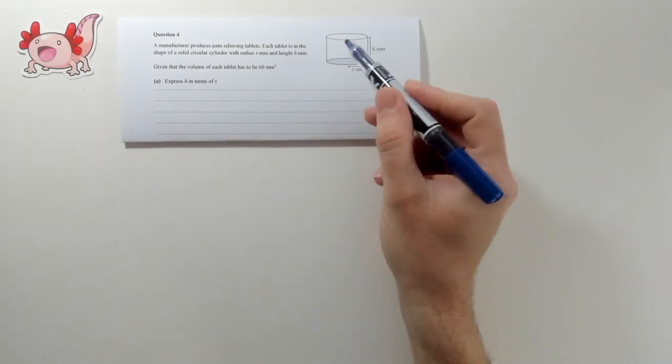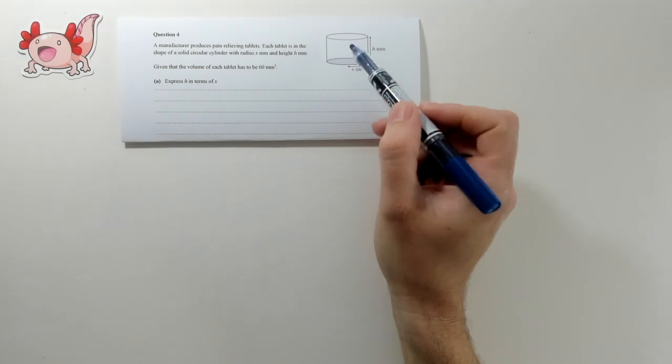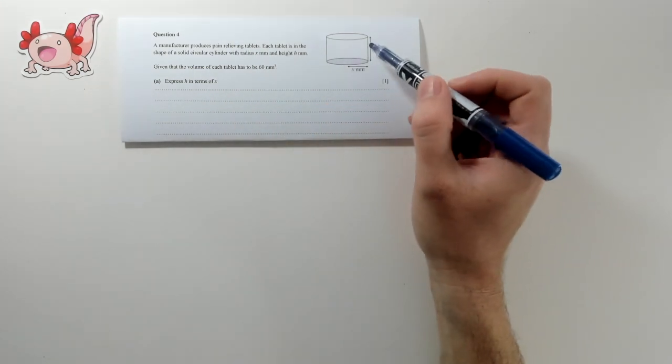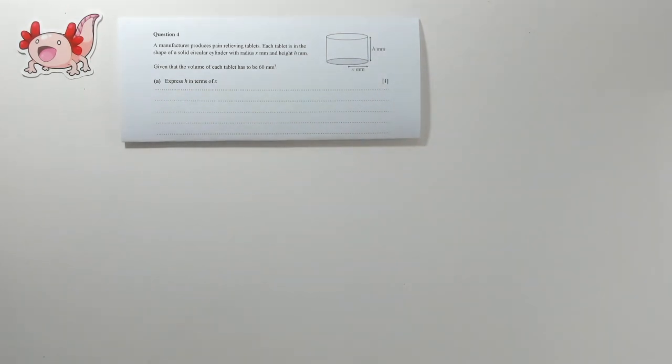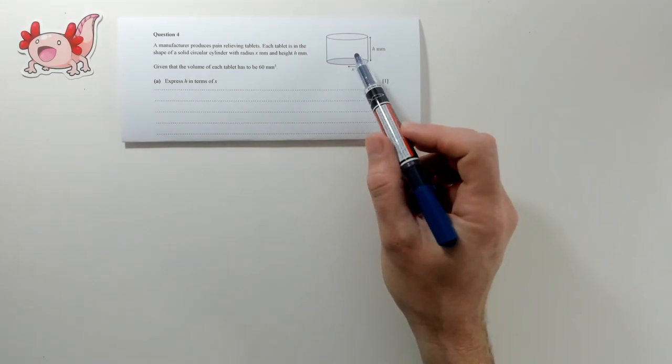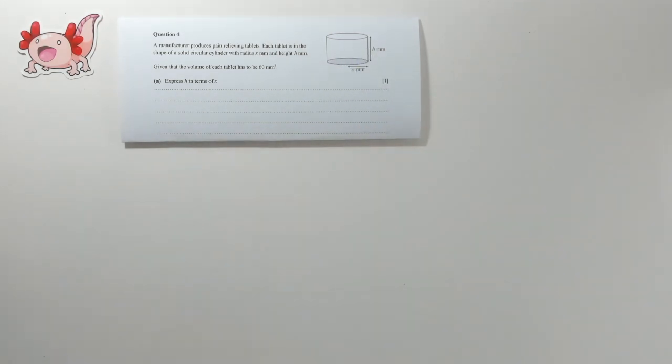In this question, they're saying a manufacturer produces pain relieving tablets, and each tablet is in the shape of a solid circular cylinder with a radius of x and a height of h, and the volume of each tablet is 60 cubic millimeters. This is a nice and structured question.